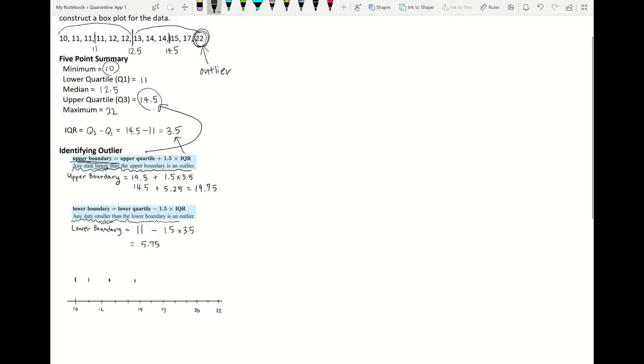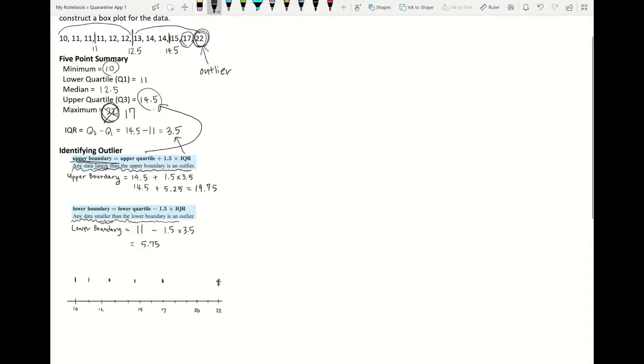Now, maximum right here used to be 22, but since we've identified 22 as outlier, we will put asterisk sign. Then we're going to take the next biggest number in the data, which is 17. So we will assign 17 as maximum number.